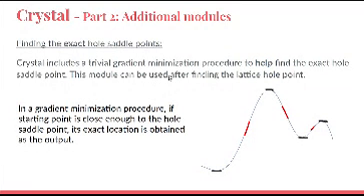This module can be used after finding the lattice hole point. In a gradient minimization procedure, if the starting point is close enough to the hole saddle point, then the exact location of the hole saddle point is obtained as an output.